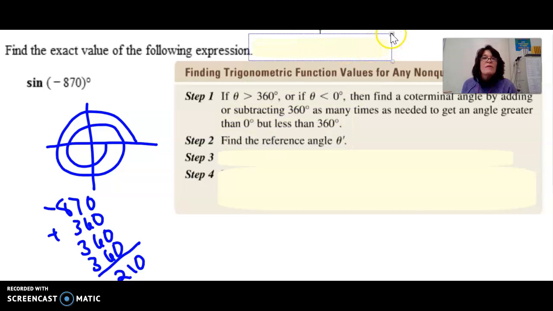Then we find the reference angle for that.